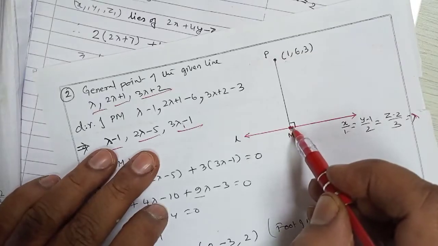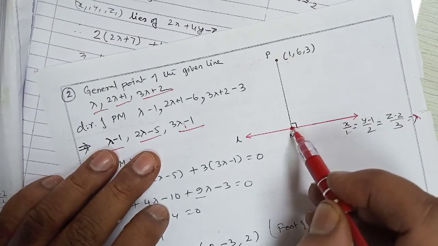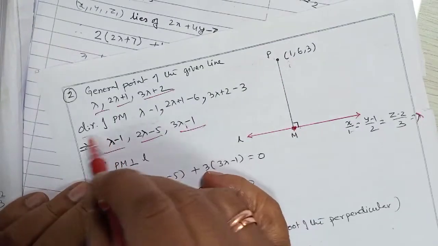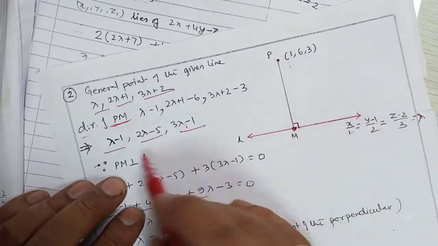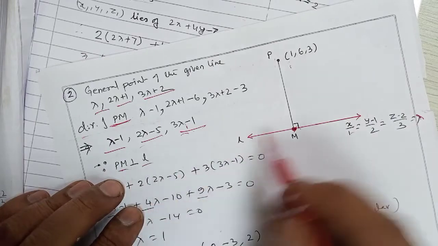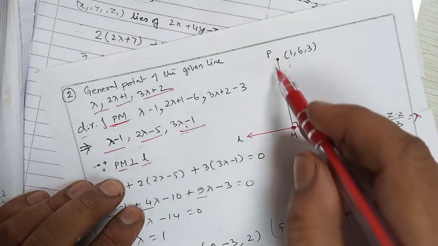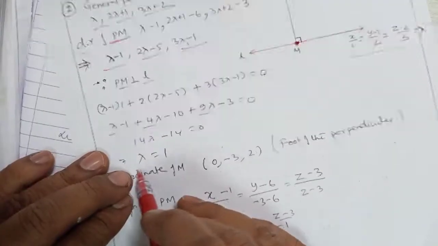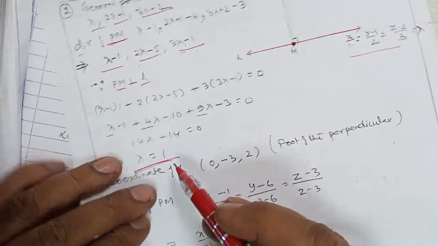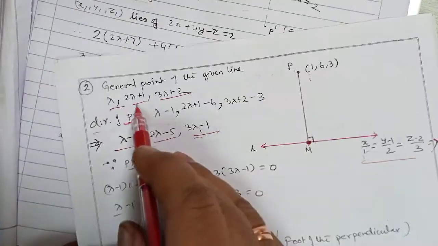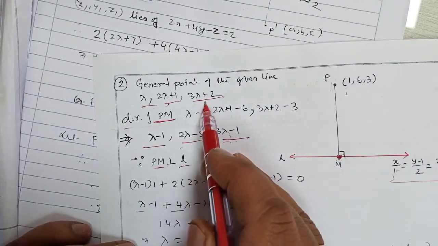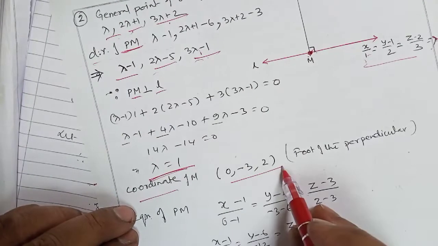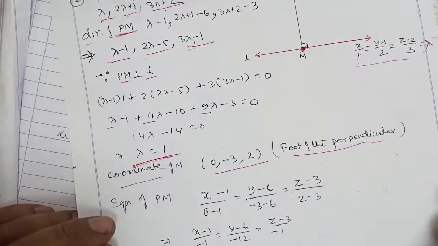Now taking M also as a point on the line, by taking this point as the general point, we find the dr of PM. PM is perpendicular to this line, so the product of the dr of PM and the dr of the line will be 0. By that we get the value of lambda, and putting it here we get the coordinates of M, what is called the foot of the perpendicular.